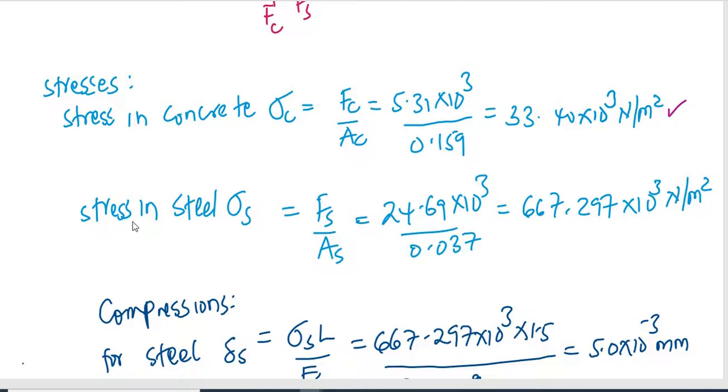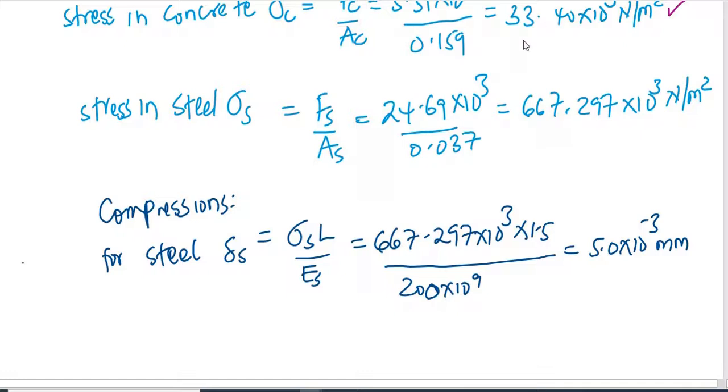What about stress in steel? It will be Fs, the force in steel, divided by the cross-sectional area of steel, 24.69 times 10 to power 3 divided by 0.37, which would give you 667.297 times 10 to power 3 Newton per square meter.